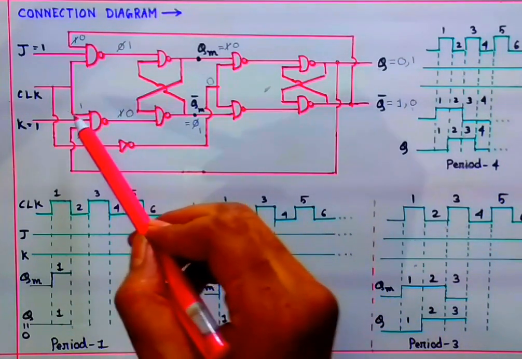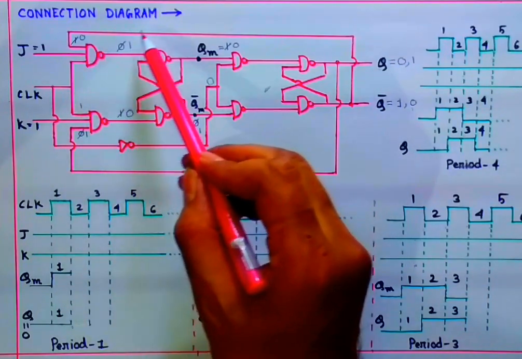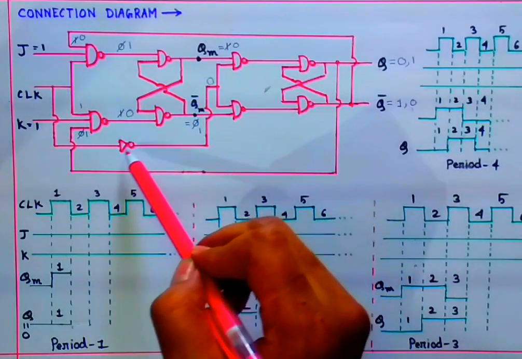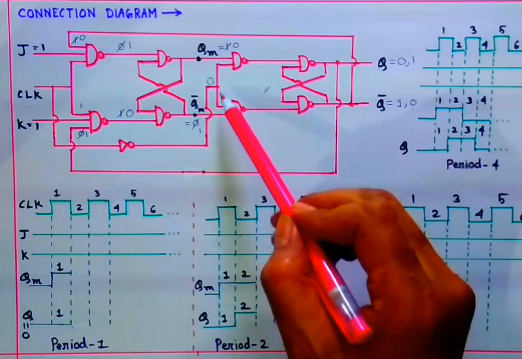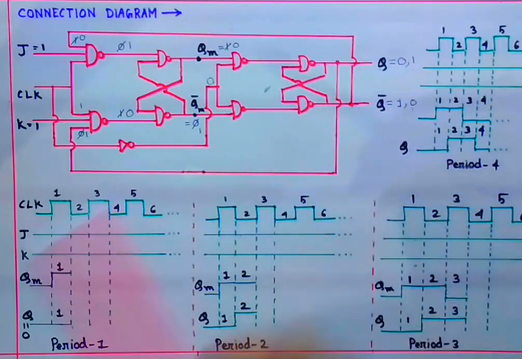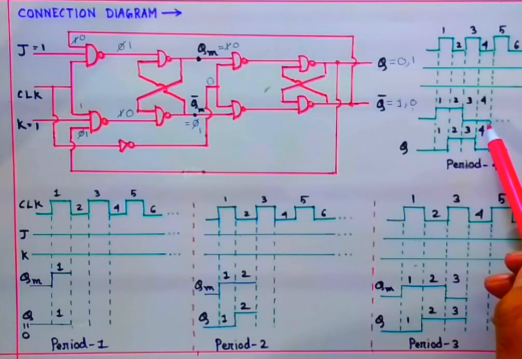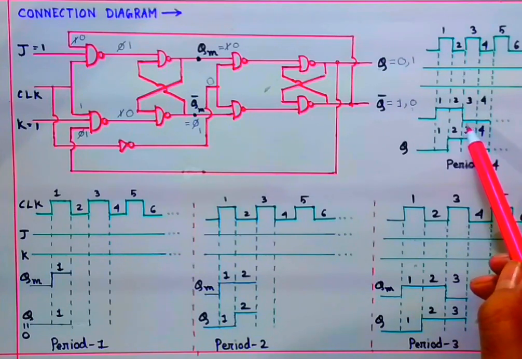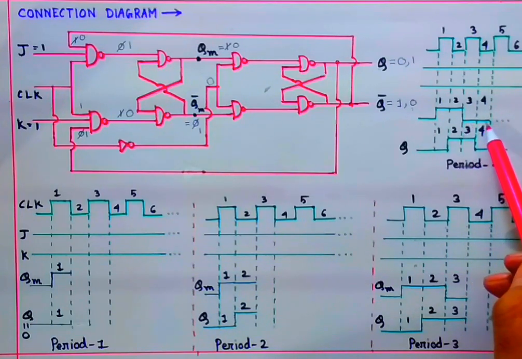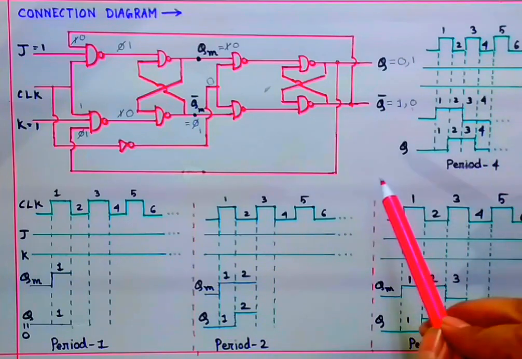That means this master flip-flop works as memory and the slave flip-flop is operational. So during period 4 QM holds its previous data, that is 0.